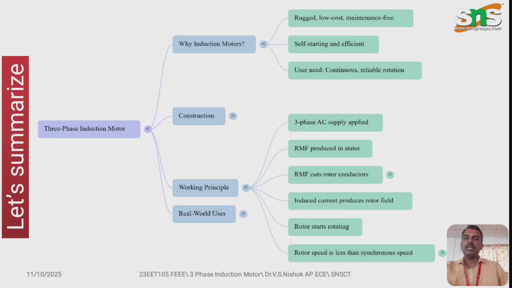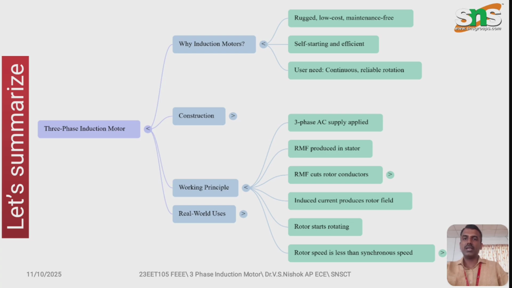And in the summary part, we can conclude by summarizing the topics. What is the need of the induction motor? Because of its low maintenance and low cost, we prefer these induction motors. Coming to the construction, we have seen the stator and rotor parts.